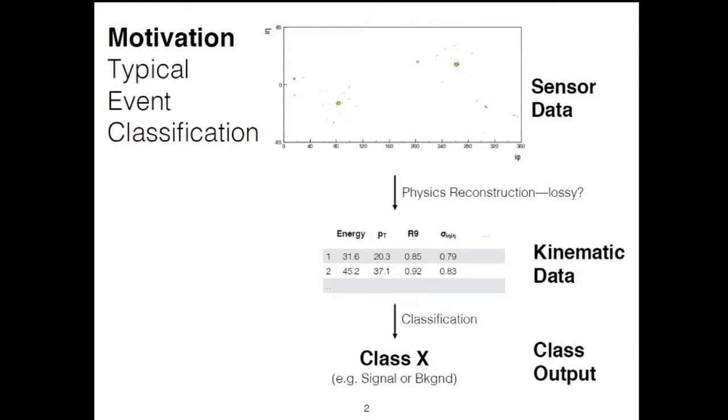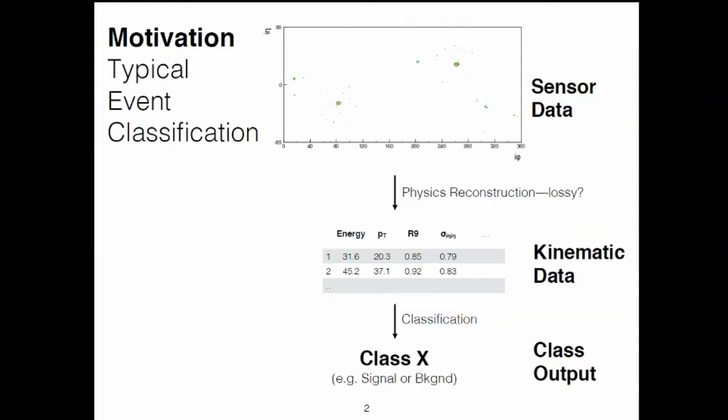analyses. Typically, at the very low level, your detector data exists as sensor data. Just take it as a cartoon. From this low-level detector data, it will slowly go through the physics reconstruction process, and will slowly be forced into a representation of physics variables, essentially hand-engineered features.